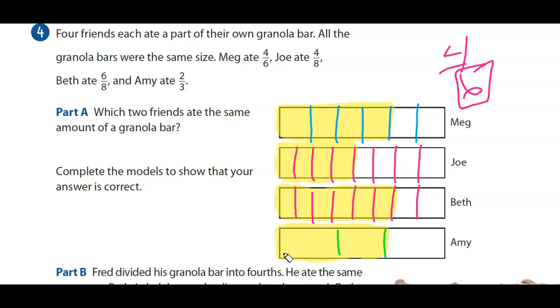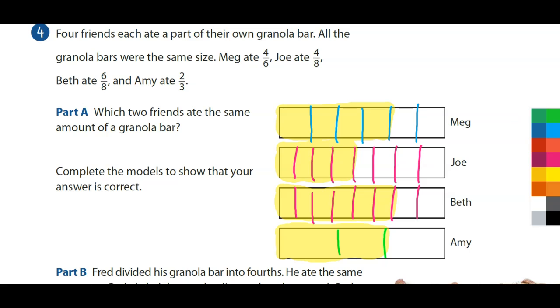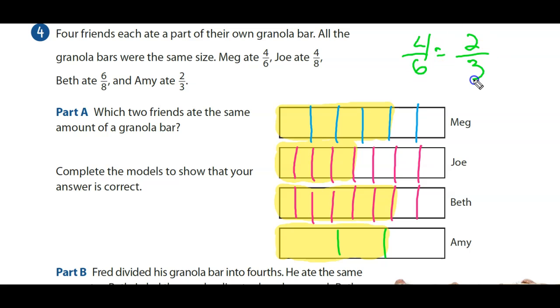Because look, Meg had 4/6, right? Amy had 2/3, correct? 2 times 2 is 4. That's how they got that. 3 times 2 is 6. That's how they got that.